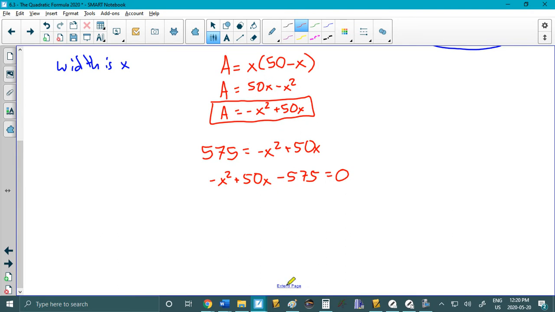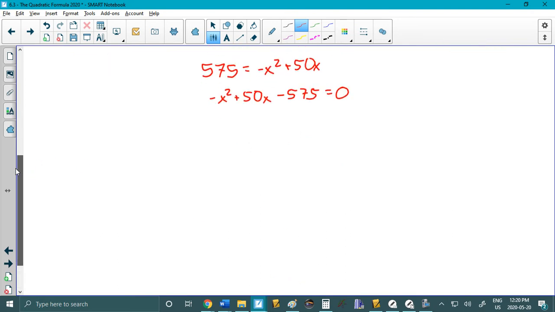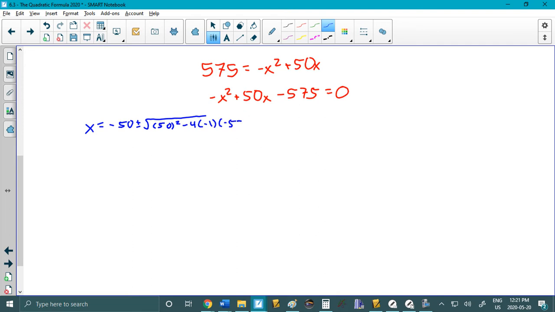Now, you could try to factor that. I'm not going to, because I want to use the quadratic formula because that's what I use today. So x is equal to negative b plus or minus the square root of b squared minus 4ac, all over 2a. Note here that a is negative 1 because we can just put a 1 there. So x is equal to negative 50 plus or minus the square root.